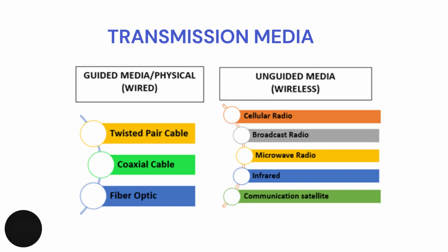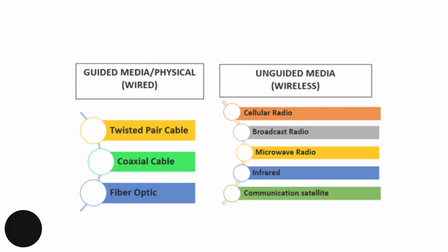Here we have three types of guided media: the first one is the twisted pair cable, then the coaxial cable, and the last one is the fiber optic cable. For unguided media, we have five over here: the cellular radio network, broadcast radio, microwave radio, infrared, and communication satellite.